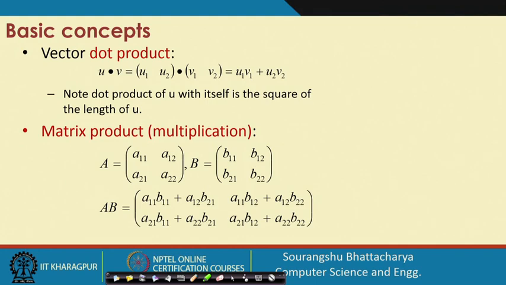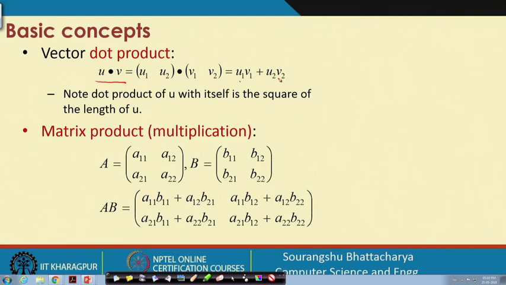Next, we go into the dot products. First, we define the dot product between two vectors u and v with components u1, u2 and v1, v2 as u1 v1 plus u2 v2.